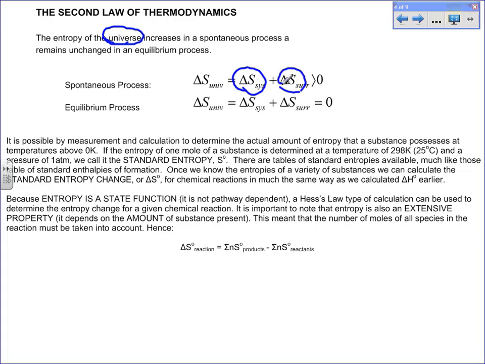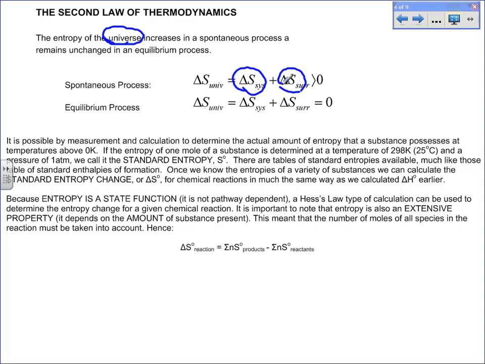So if we want to strictly use entropy in order to decide if a spontaneous process is going to occur, we need to determine both the entropy of the system and of the surroundings. If overall it's greater than zero, then the entropy of the universe is greater than zero, so it's going to be a spontaneous process.